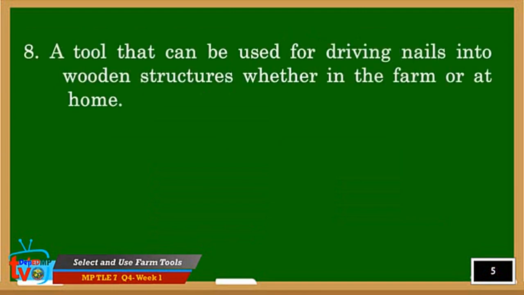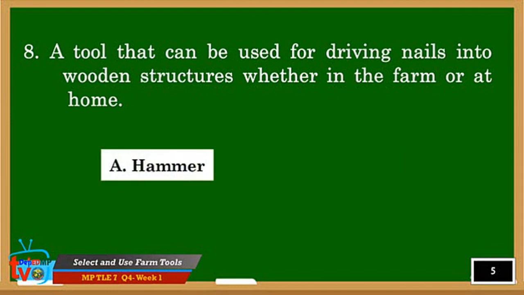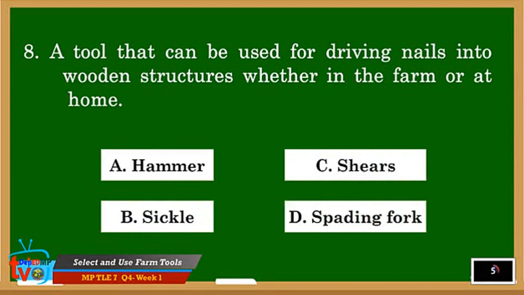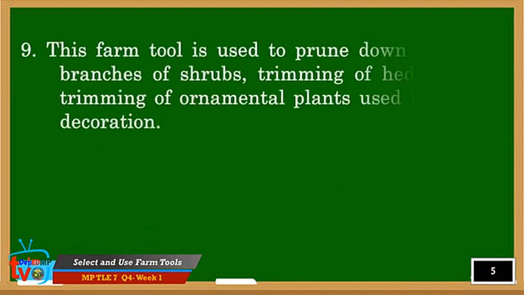Number 8. A tool that can be used for driving nails into wooden structures, whether in the farm or at home. A, hammer. B, sickle. C, shears. D, spading fork. Number 9.